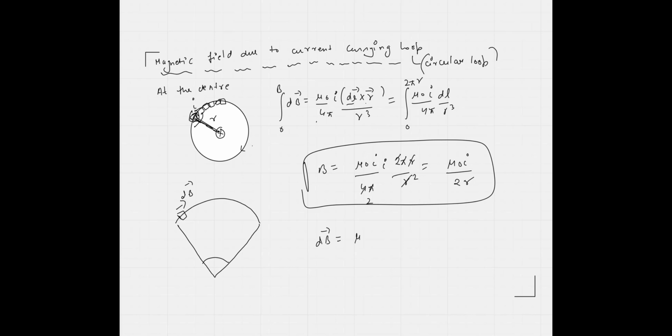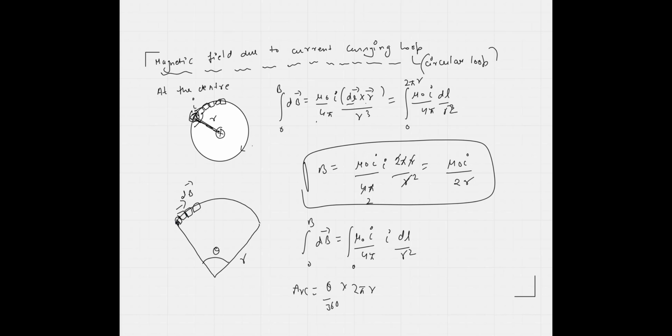So mu naught I divided by 4 pi, I dl divided by r square. Now I have to integrate it from 0 to b. And where will this go, from 0 to what is the total length? If the angle is theta and the radius is r, what is the arc length? Arc length is nothing but theta by 360 into 2 pi r.